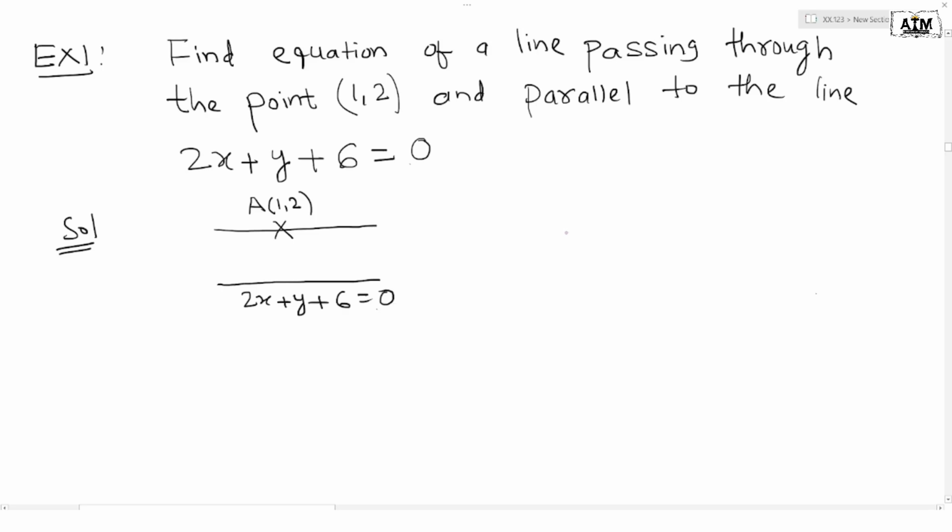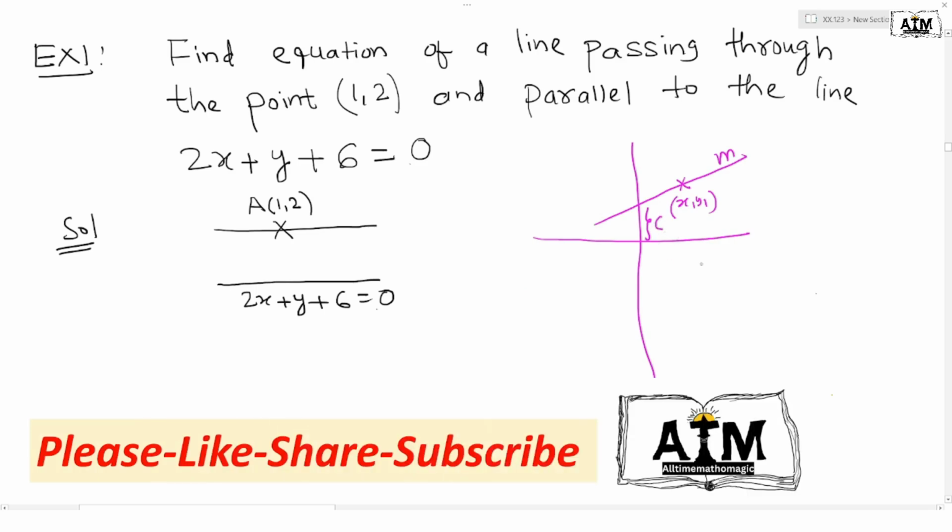Whenever we want to find equation of a line in two dimensions, there are two important things. That is the slope of the line, usually denoted by m, and the point through which the line is passing, for example here x1 and y1, and also the y-intercept made by the line, usually denoted by c.